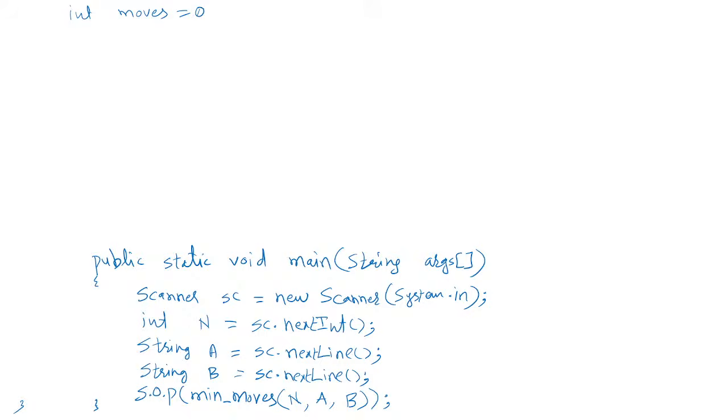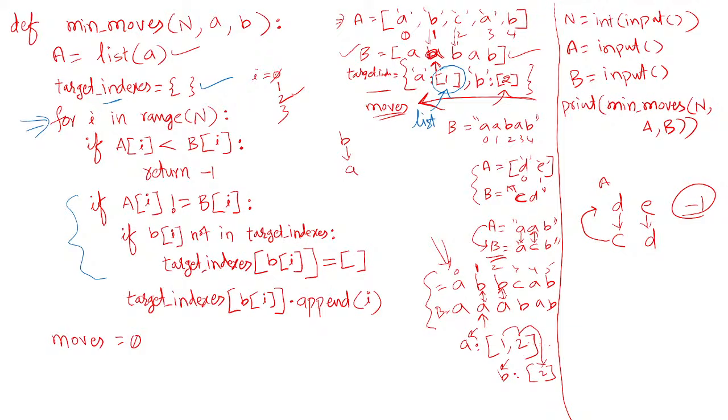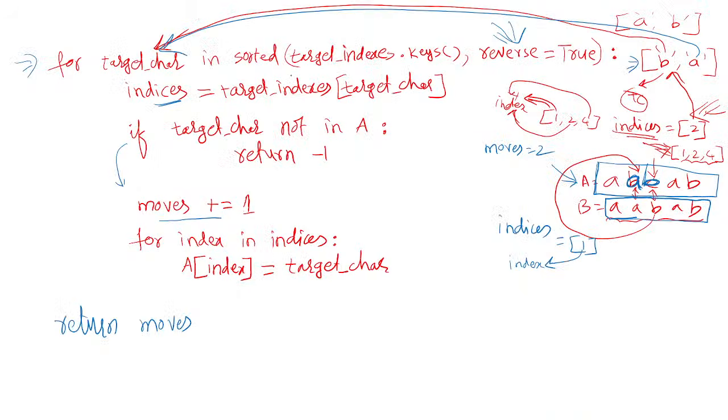So we declared the number of moves as 0. Now what you need to do is process the dictionary. Get each key from the dictionary and replace with this key, since the associated indexes are available. So in A, you replace all those indexes with this key.